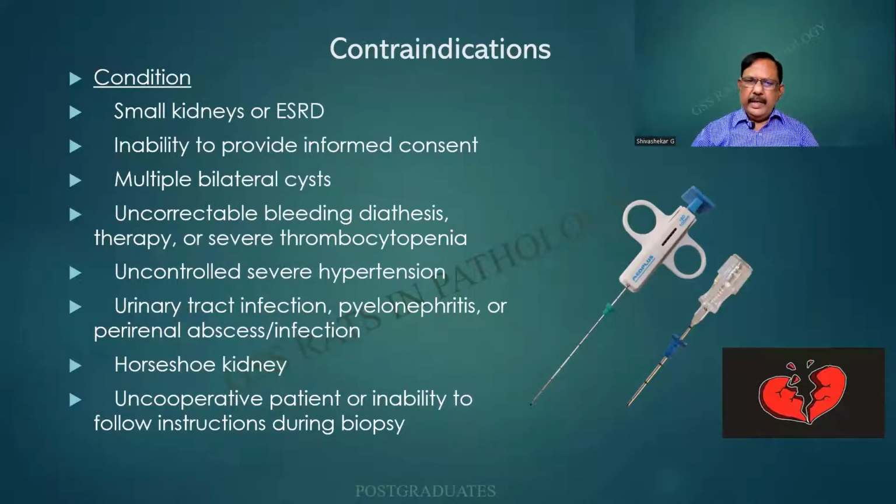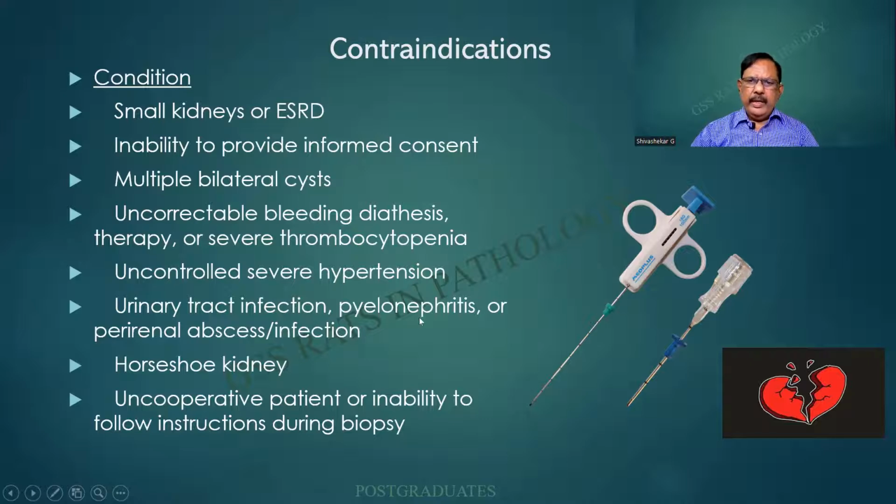Contraindications. This is again a beautiful list compared to the earlier one. So we are supposed to learn this by heart. Small kidneys. Inability to provide informed consent. Multiple bilateral cysts. Uncorrectable bleeding. Uncontrolled hypertension.